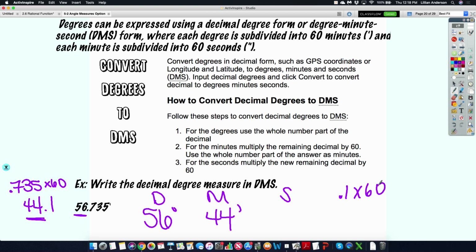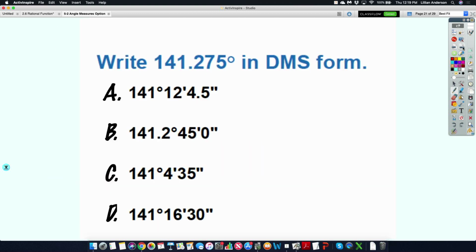What's 0.1 times 60? 6. So that's 6 seconds. So 56.735 degrees is 56 degrees, 44 minutes, and 6 seconds. To go from decimal degree to degrees, minutes, seconds, you multiply the remaining decimal by 60 to get your next piece. Thank you for being understanding.